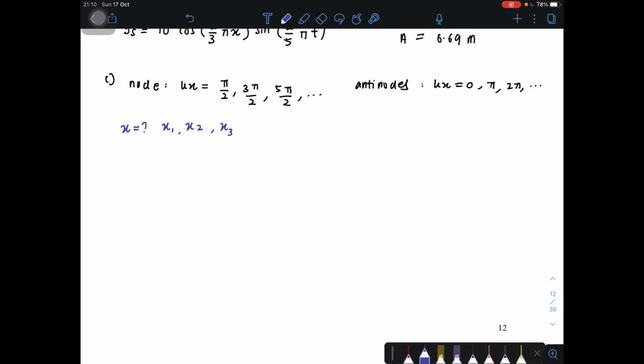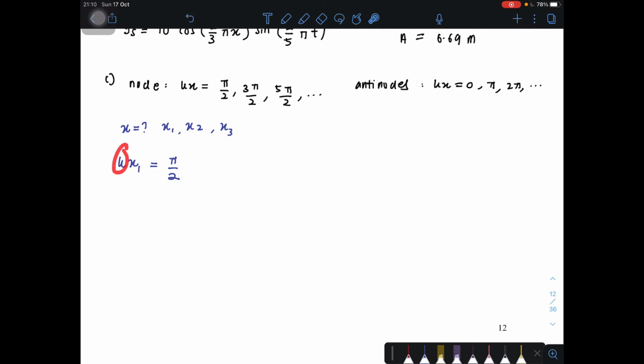Dan kita tahu kx adalah sama dengan... okay, so since we want to find x, x1, x2, x3, keluarkan kx1 sama dengan pi over 2.